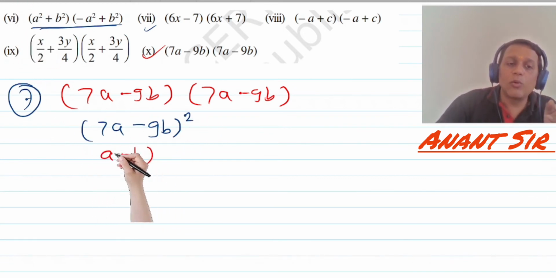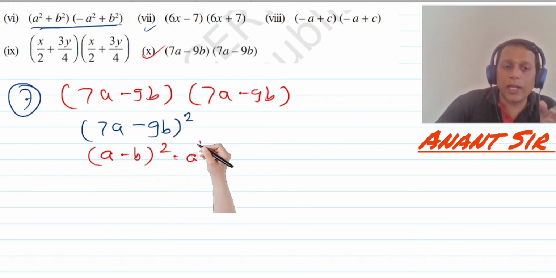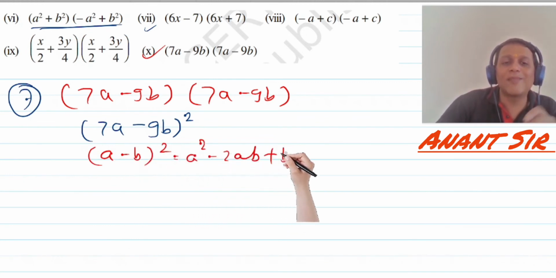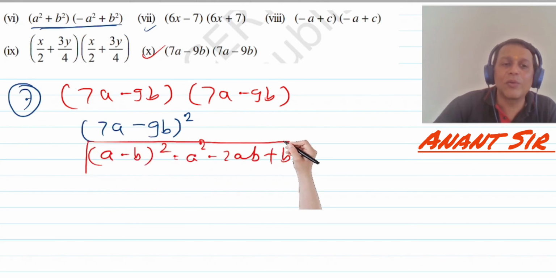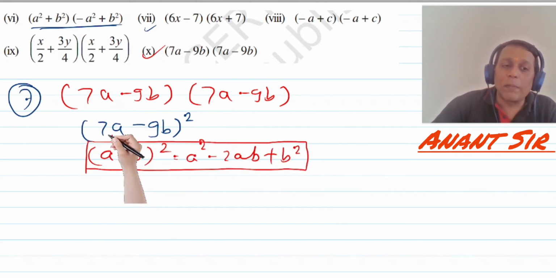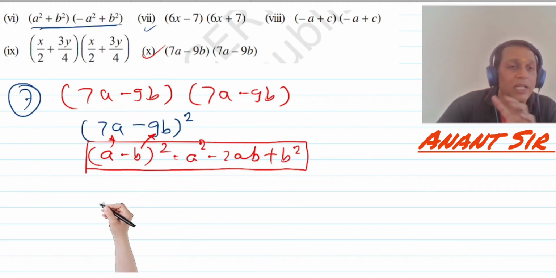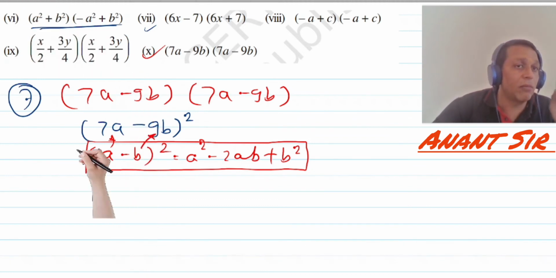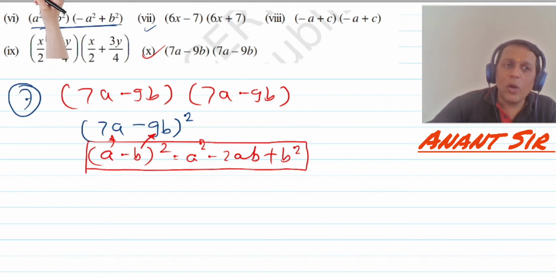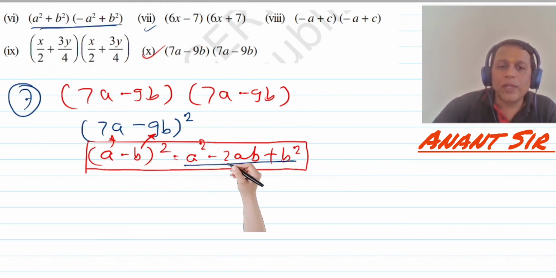We have to use this formula, and there is negative sign between them, right? So a square minus 2ab plus b square. We'll have to replace a by first term 7a, b by second term 9b, not minus 9b. Okay, you have to remember that. So I am going to put the values here.